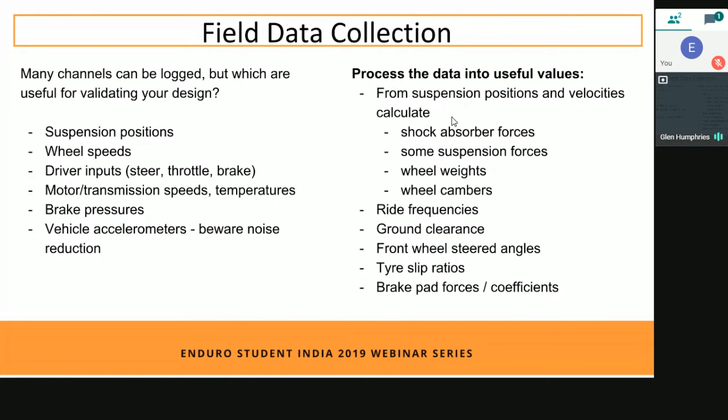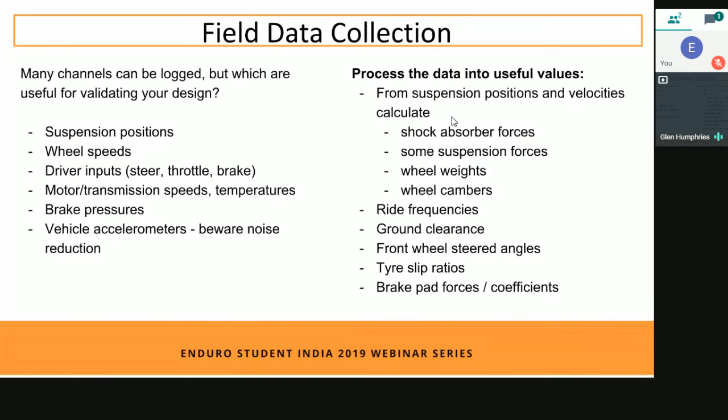Another big one that comes up is brake pads. The brake system is often one which has a lot of theoretical thought put into it, has a lot of assumptions and estimations, but then has very little actual design validation done.